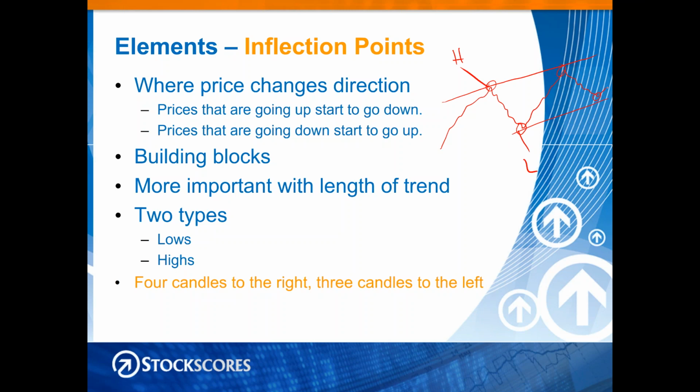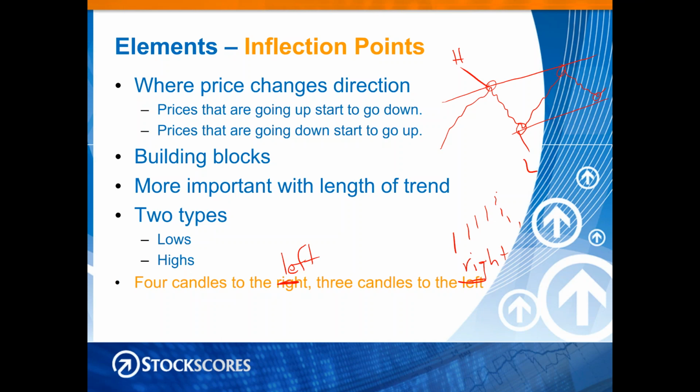Now the way that I find inflection points is I have a simple rule. If there are 4 candles to the left, and 3 candles to the right, then I have an inflection point. So what do I mean by that?